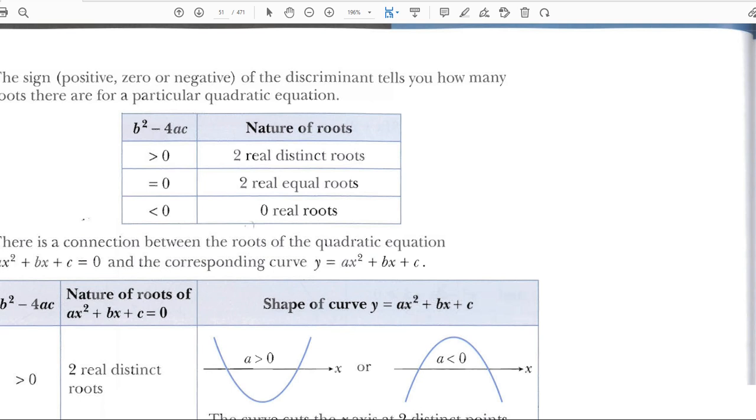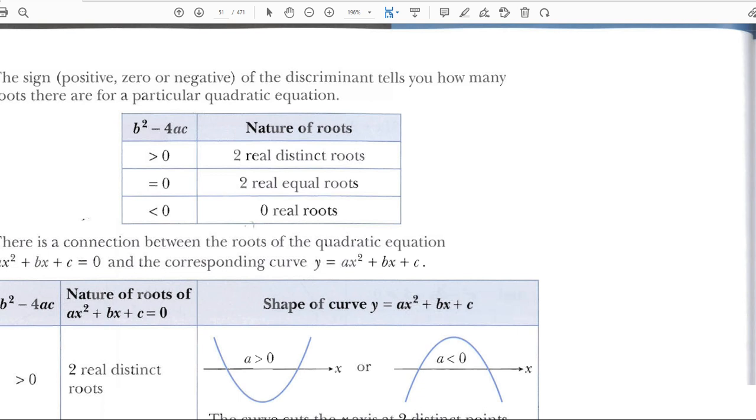If your answer of b square minus 4ac, meaning the discriminant, is greater than 0, meaning positive, anything which is greater than 0 is positive, then you have to say we have two real distinct roots.